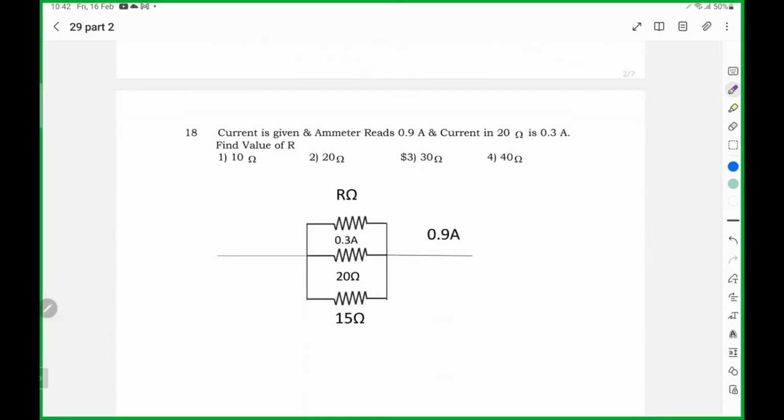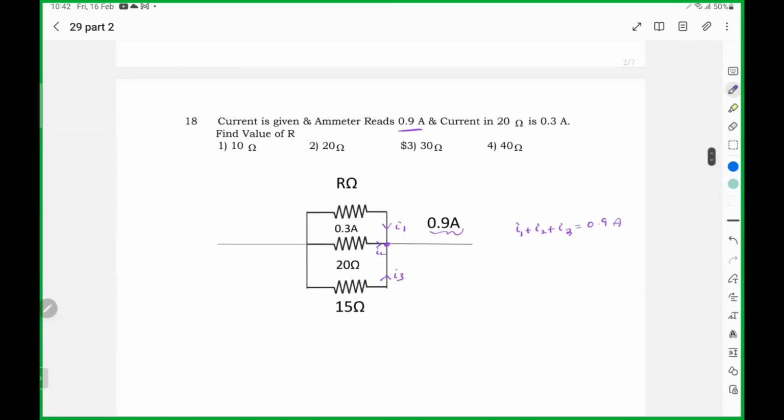Here the ammeter reads 0.9 amperes. That means maybe here I1 current, I2 current, I3 current. So all leaves through this junction, which is 0.3. He given current through the 20 ohm resistor as 0.3.